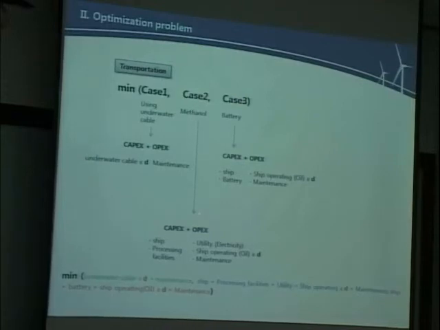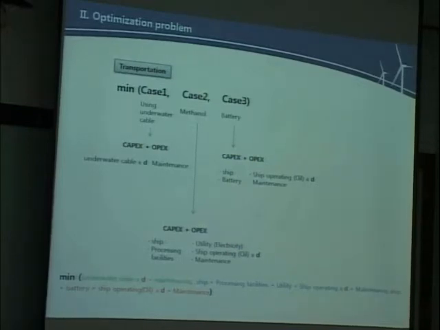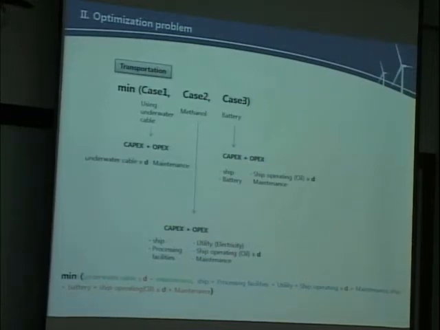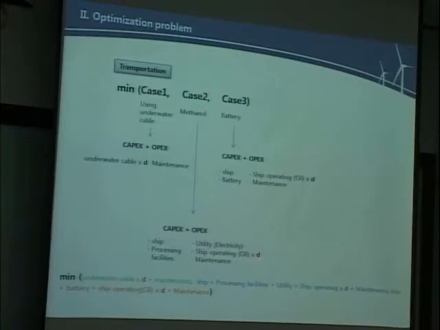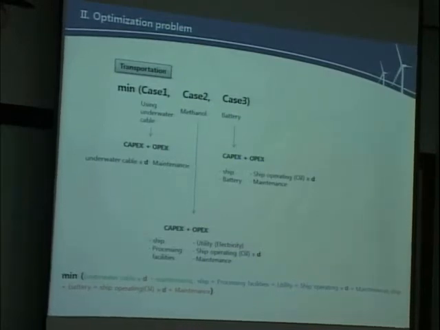If you use methanol, you have to consider the ship and the processing facility to make methanol, and the operating cost is the electricity, because making methanol requires electricity. Ship operating cost is related to the distance and the maintenance. And if you use a battery, it is similar. Finally, you get this function for transportation.